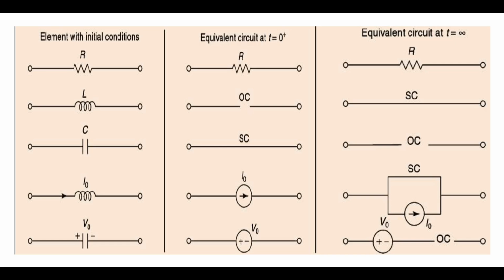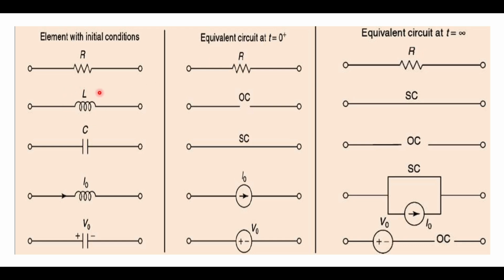Now let us see the initial conditions for the different components, as shown here. For the resistor, at 0 plus the resistance remains the same, and at t equals infinity also the resistor value remains the same.